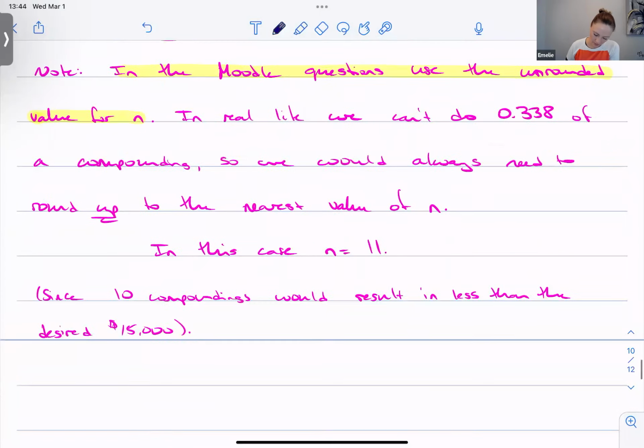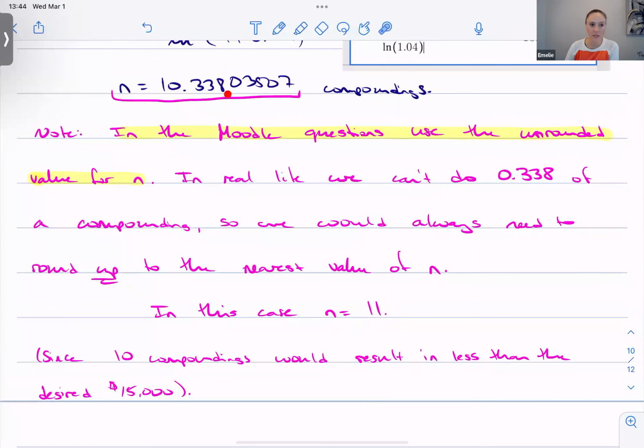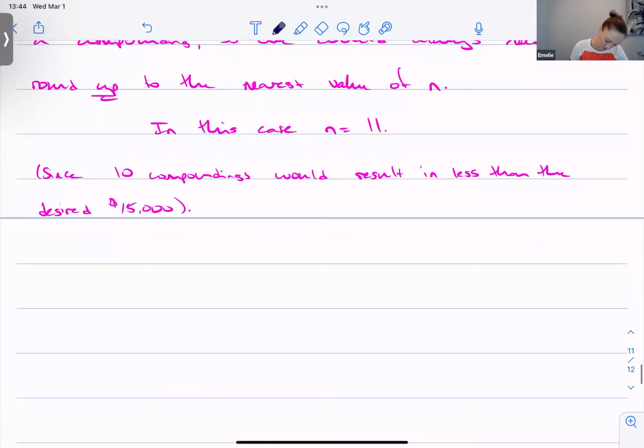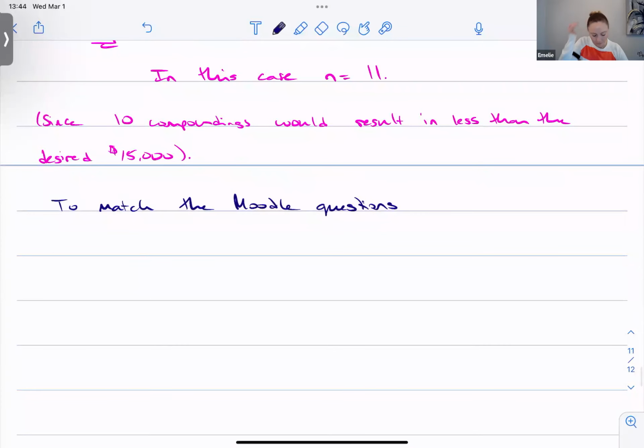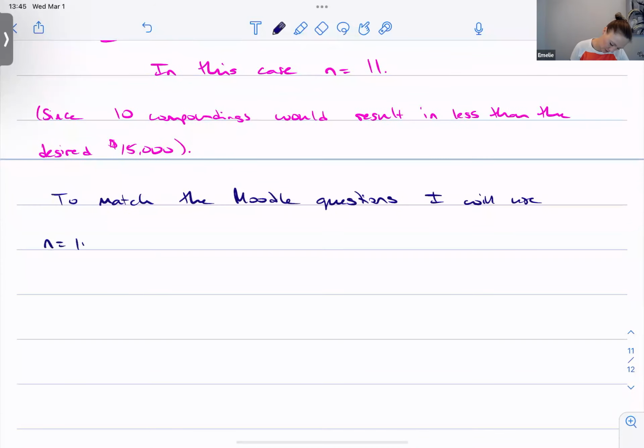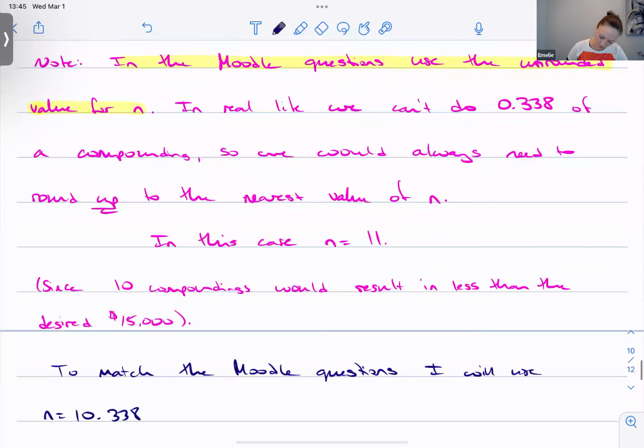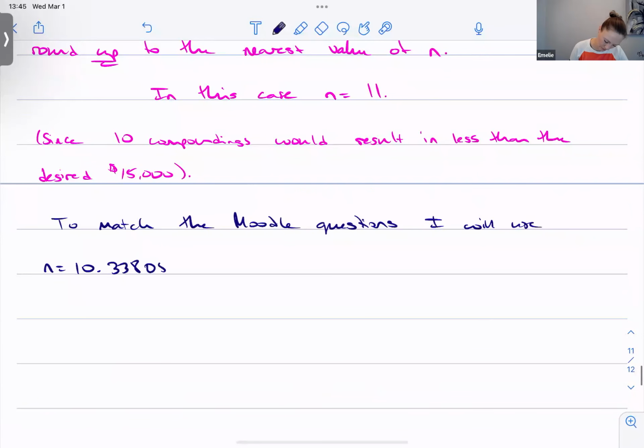So now I'm just going to go ahead and use this 10.338. But if you want to try it with 11, that's totally fine too. To match the Moodle questions, I will use n equal to 10.33803507.